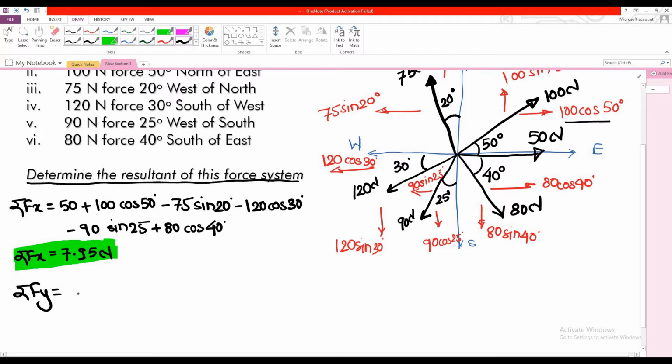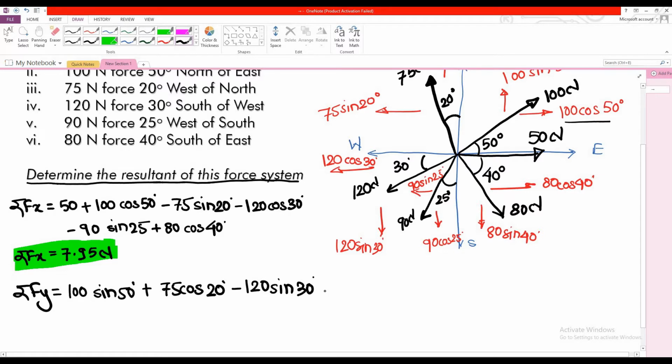Now in summation Fy, what forces are we having? 100 sine of 50 degrees plus 75 cos of how much? 20 degrees, then minus 120 sine of 30 degrees.